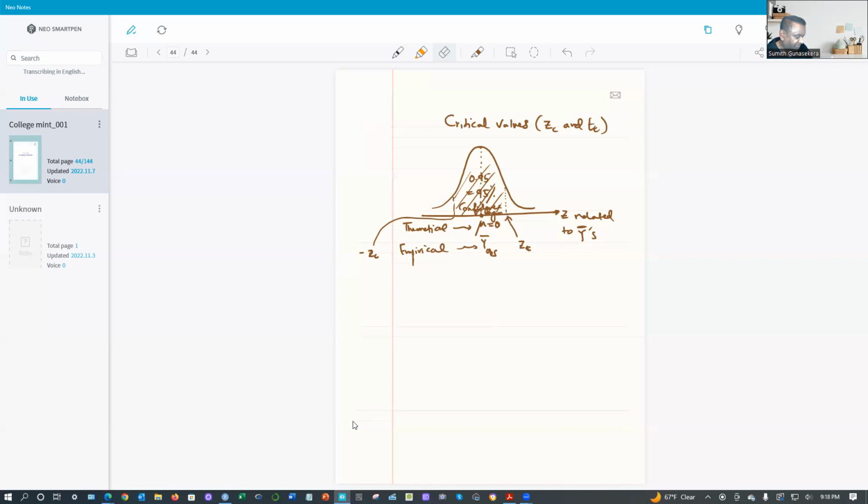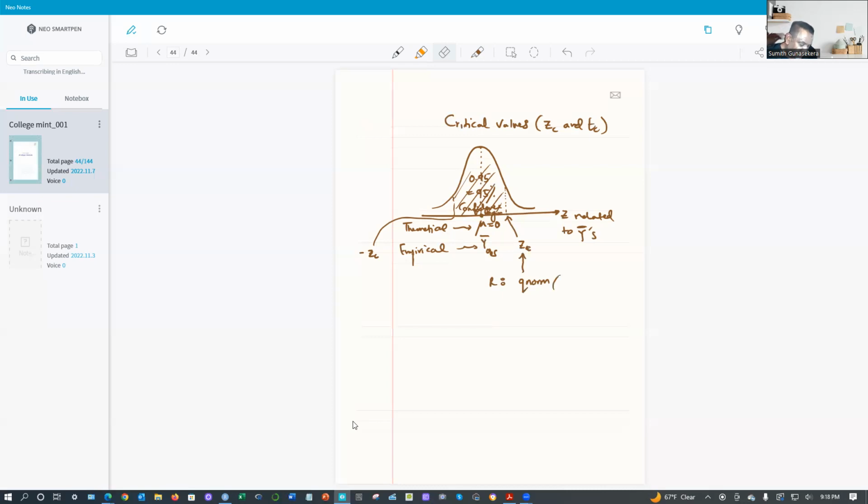See this one. How do you find this? You can easily find it. Go to qnorm, and then you put the area to the left of that.